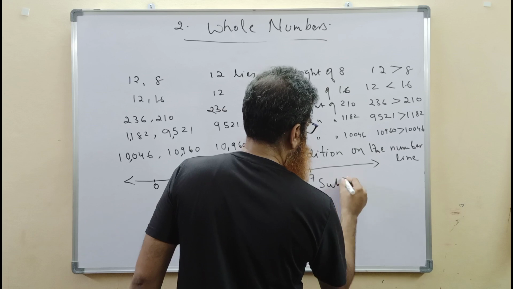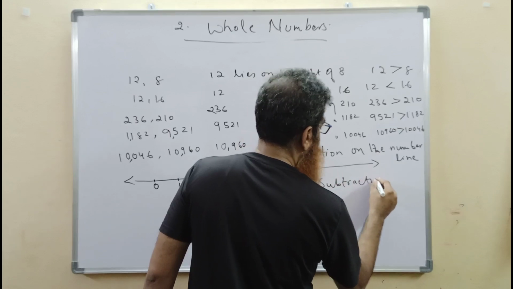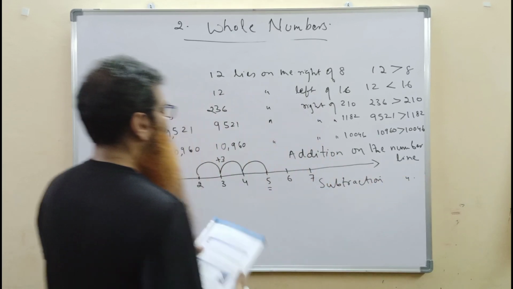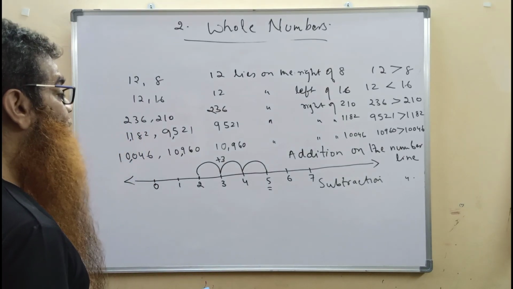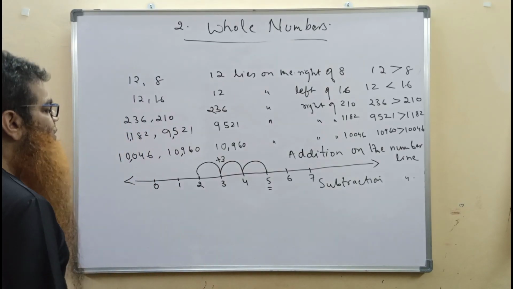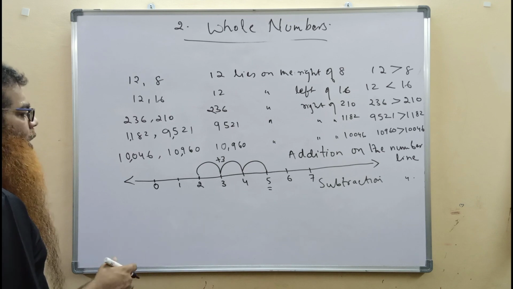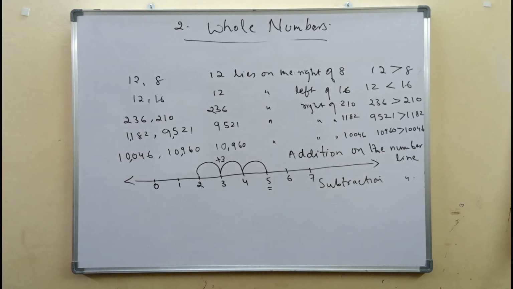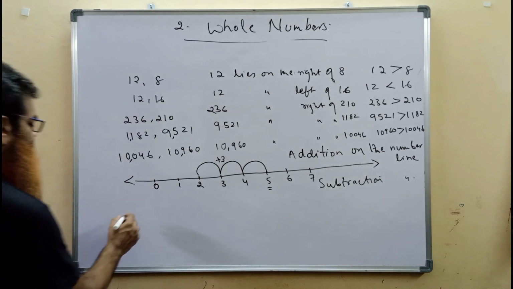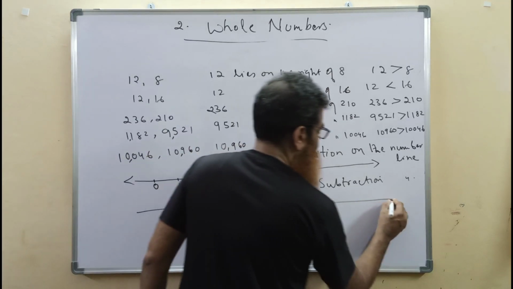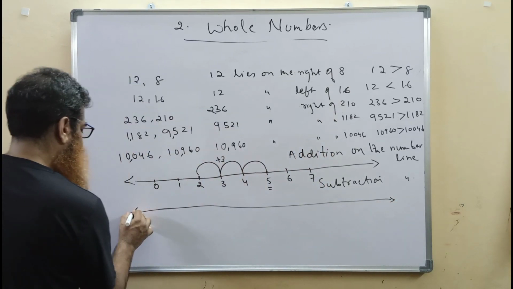Now, subtraction on the number line. We can understand that when we subtract any whole number from another whole number, we move towards the left side.